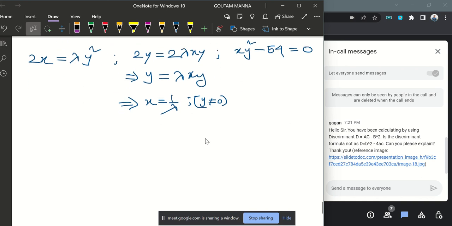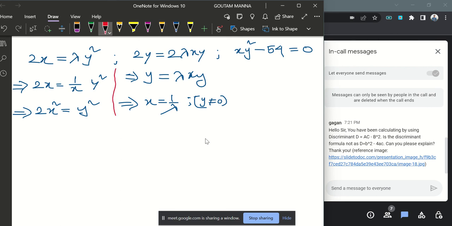So x = 1/lambda, and if you put lambda in the first equation, it will be 2x = (1/x) y². In place of lambda I am writing 1/x, so it is basically 2x² = y², so y² = 2x².